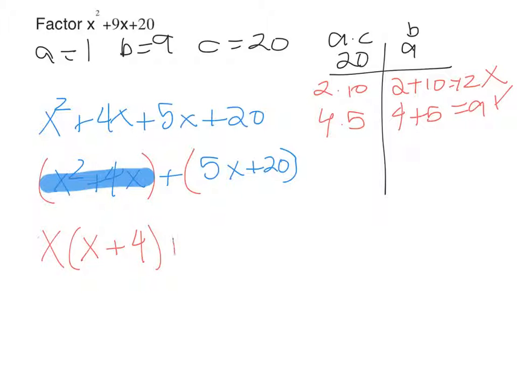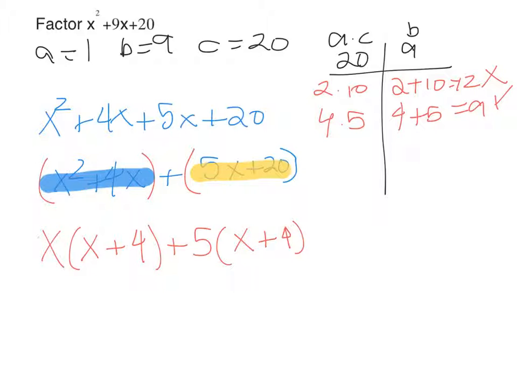Okay, we'll do the exact same thing for the next parentheses, and it's just a matter of what those 2 terms right there have in common. Now 5x and 20, they both have a 5 in common. So 5 parentheses, and when you divide both of those terms by 5, you get x plus 4.